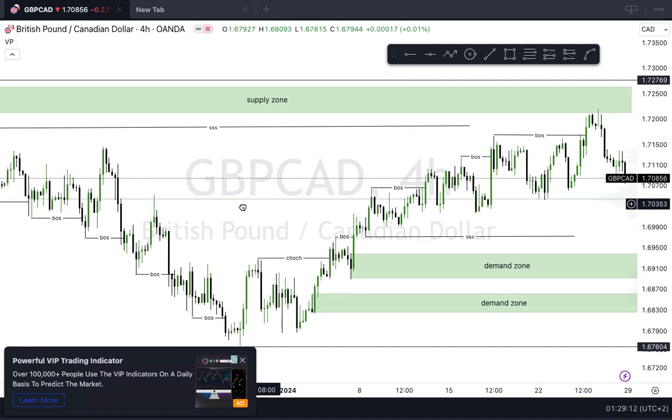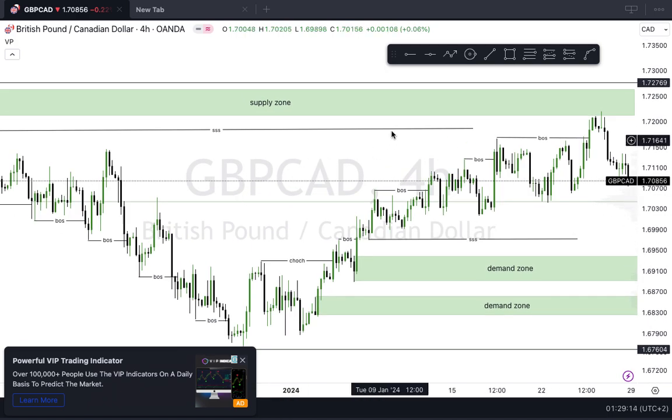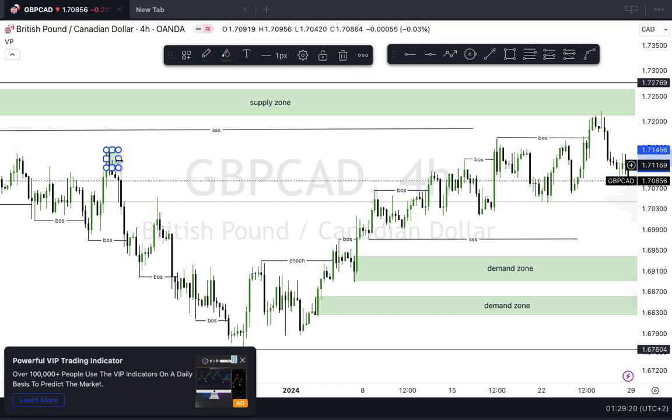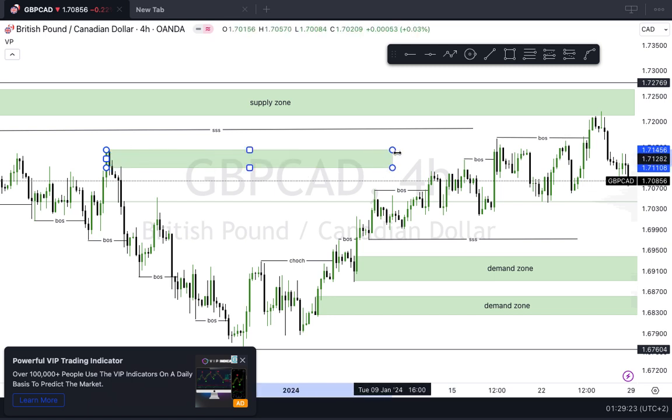Meaning also, if you can check here, we got that demand zone there, and then from there the market pushed, you understand. The market after this, sorry, we got this supply zone here.